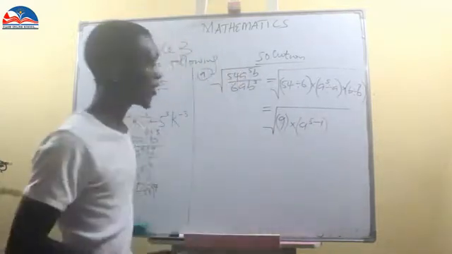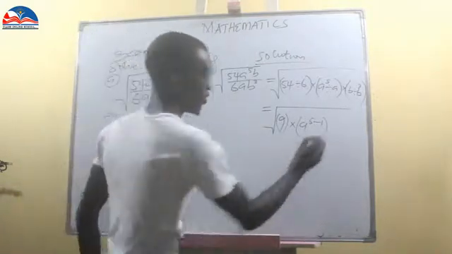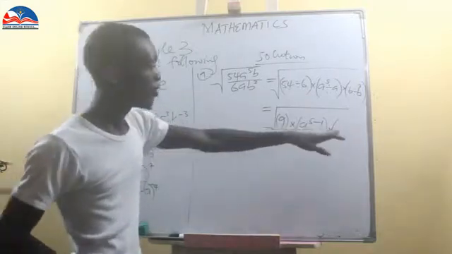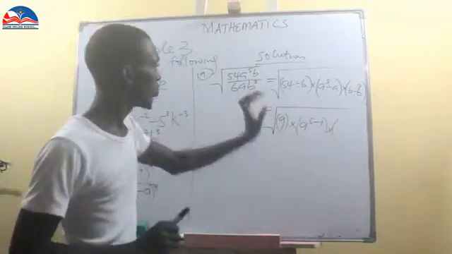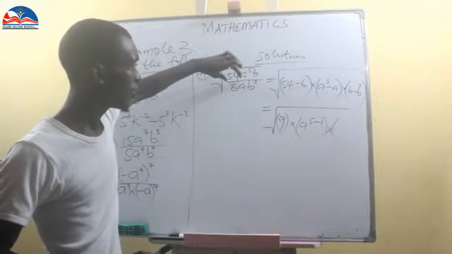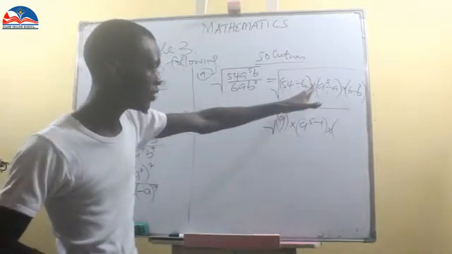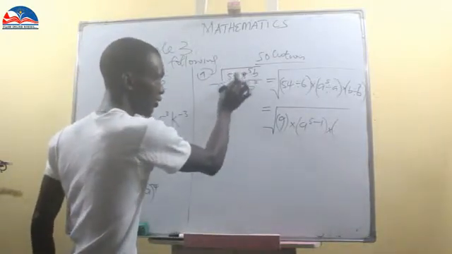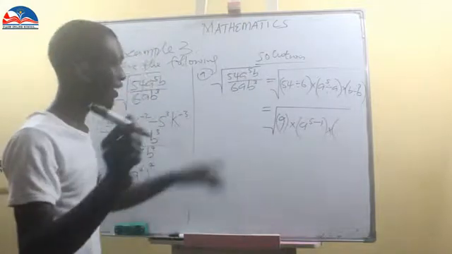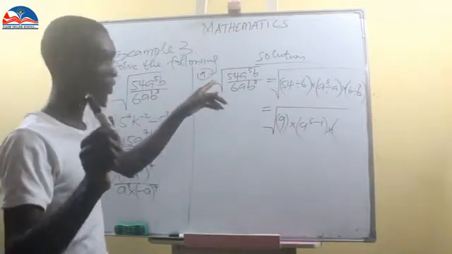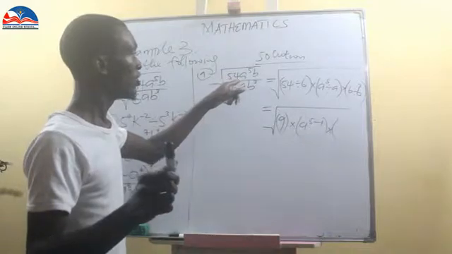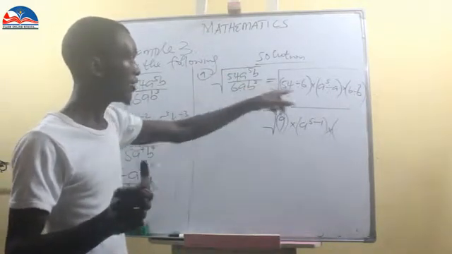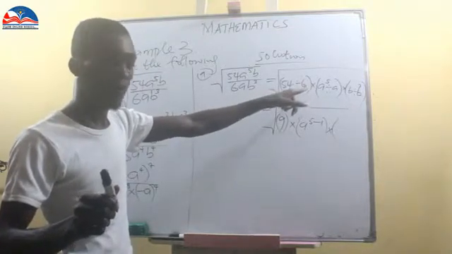Follow me. We have multiply by. Now look, this division that you are seeing in this expression, I'm trying to remove this division. Don't forget that in normal fraction, if you are trying to remove division, then you apply multiplication.